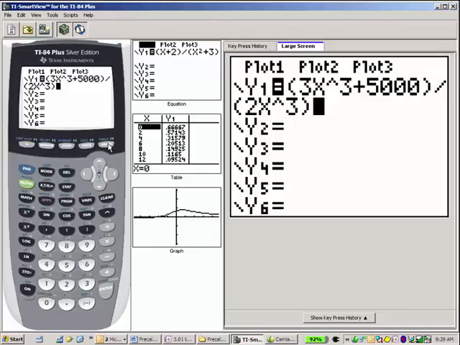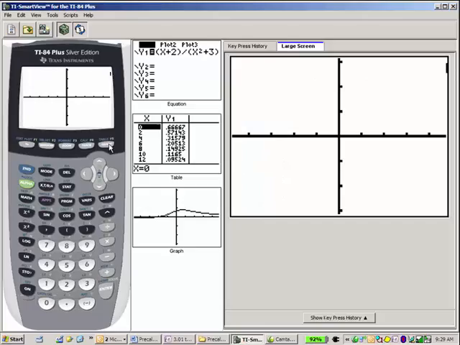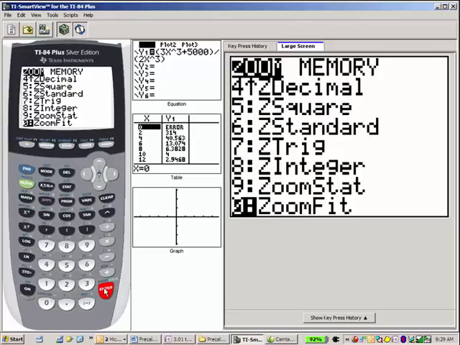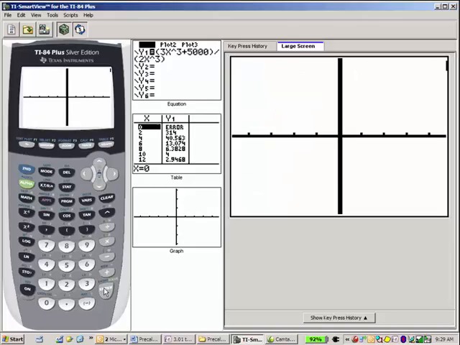All right. If we take a look at that in zoom decimal, oh my gosh, I don't even see anything. All right, I'll give it a shot. Nothing. Well, I got something, right? But I'm going to have to zoom out a lot, I think.